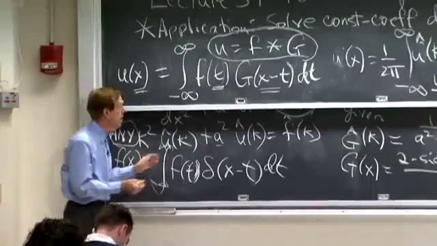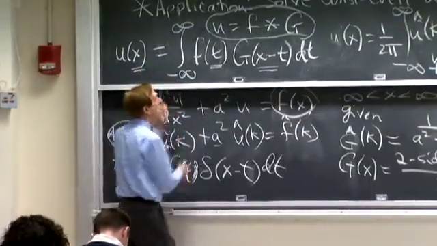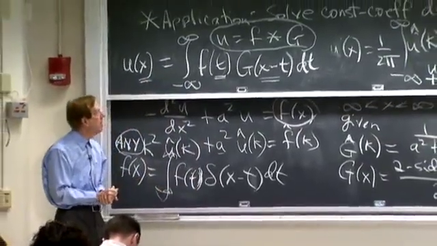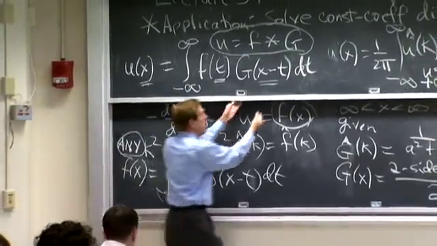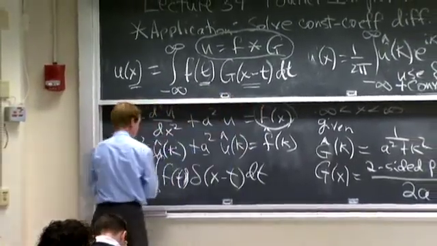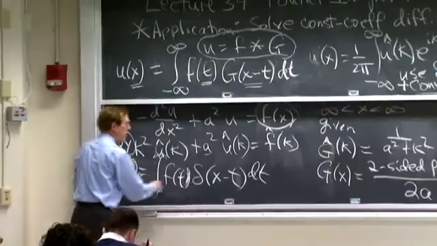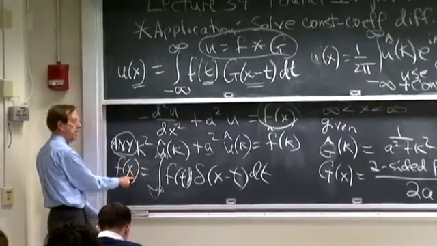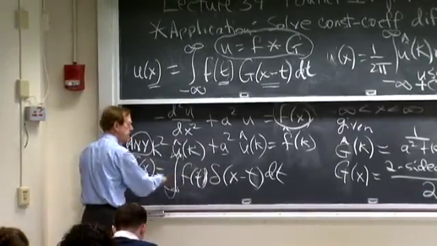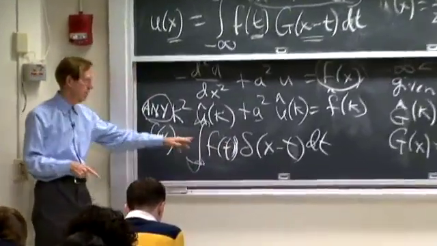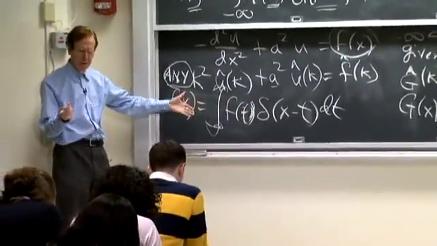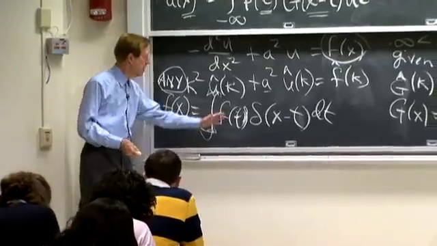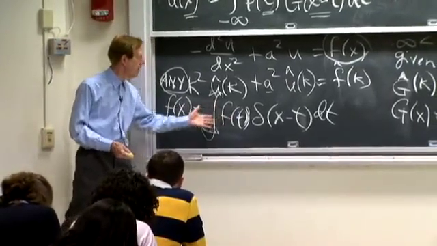Okay. I'll allow myself one more thing. Here we had a convolution for the right-hand side. We started with this. This is a convolution. Now, what are the 3 symbols that I write down as shorthand for this equation?